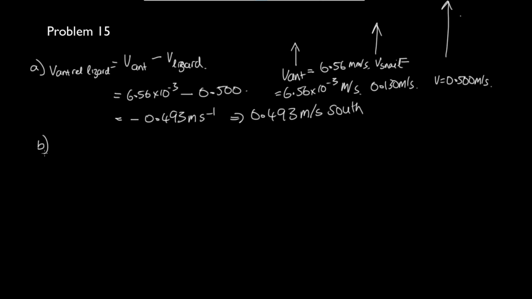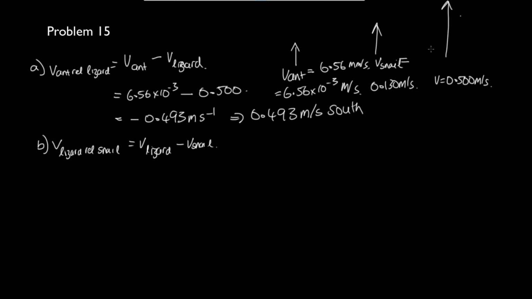Part B, we're asked what is the velocity of the lizard relative to the snail. So the velocity of the lizard relative to the snail, so that's equal to the velocity of the lizard minus the velocity of the snail. So now we imagine that we're the snail, and what would the lizard look like?